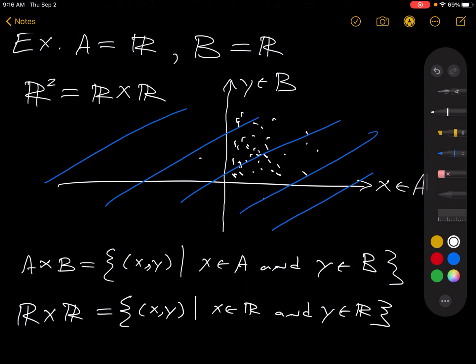It's kind of a weird cross product in Calc 3, like a determinant. It's a much different thing. So R squared in Math 189 is R cross R. This is a set of points.